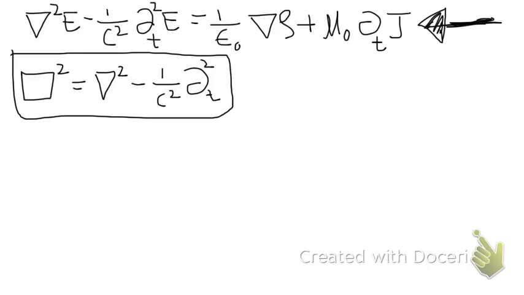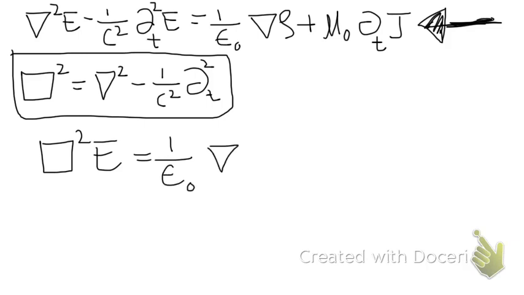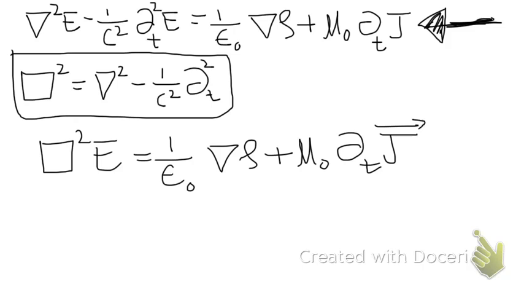So I'll just substitute for D'Alembert and I'll get D'Alembert operator on E is equal to 1 over epsilon naught del of rho plus mu naught partial time derivative of my current density J. Or I said I'll not be using the vector signs, so let's remove that.